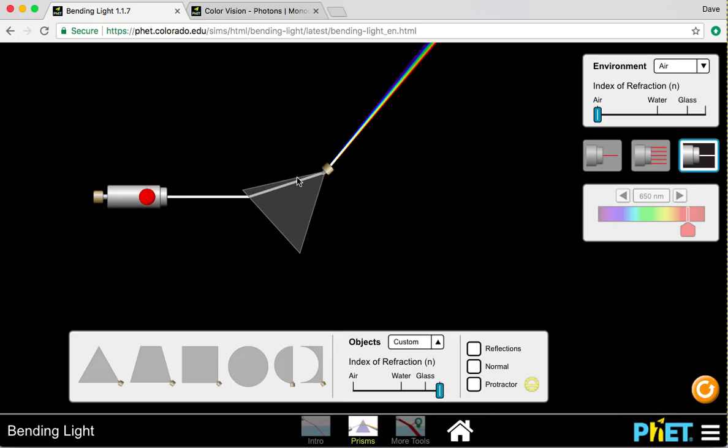What's happening is the blue light is getting bent the most. You can see that this angle is greatest from the main angle. The red light's getting bent the least. Now what's going on in here, the reason why, is the blue light is interacting the most with the material. It's got the highest energy, so it's kind of bumping into the most atoms or exciting the most electrons on its way through. So I wouldn't say it slows down the most because it all is traveling at the same speed, but it interacts the most, which is why it is getting bent the most.